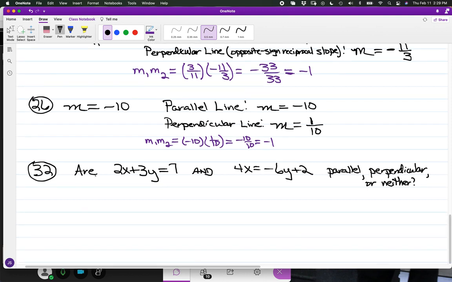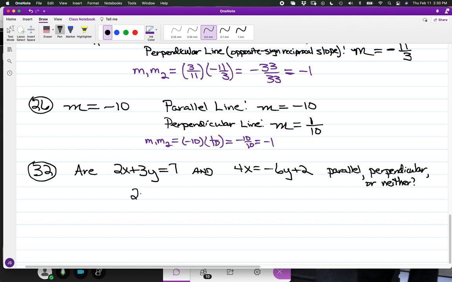To determine this, we need to know what the slope values will be and how the slopes relate. If you have the same slope, the lines are parallel. If you have opposite sign reciprocal relations, that is, if the slope values multiply to -1, then the lines will be perpendicular to each other.